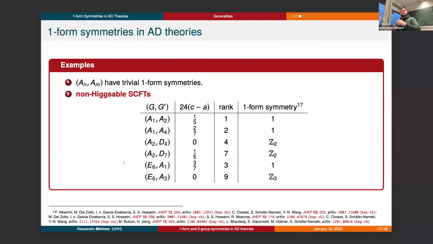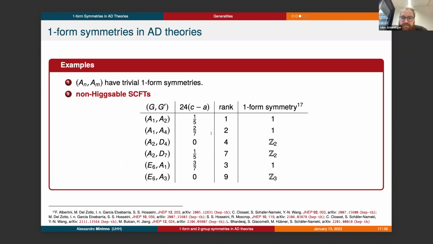And these are what we call the non-Higgsable SCFTs. When you compactify, and then you look at the mirror of the compactified theory, you will have a collection of free hypers. But the information of the one-form symmetry is encoded inside this non-Higgsable SCFT.